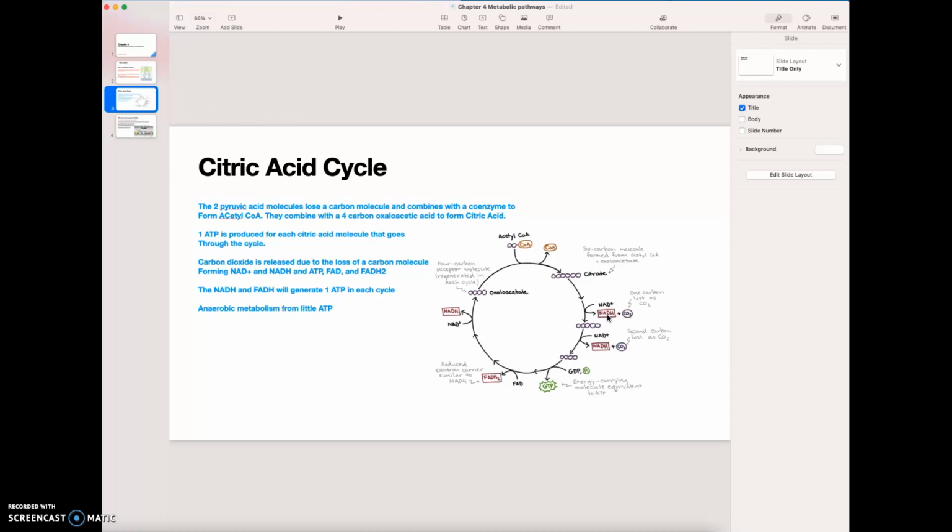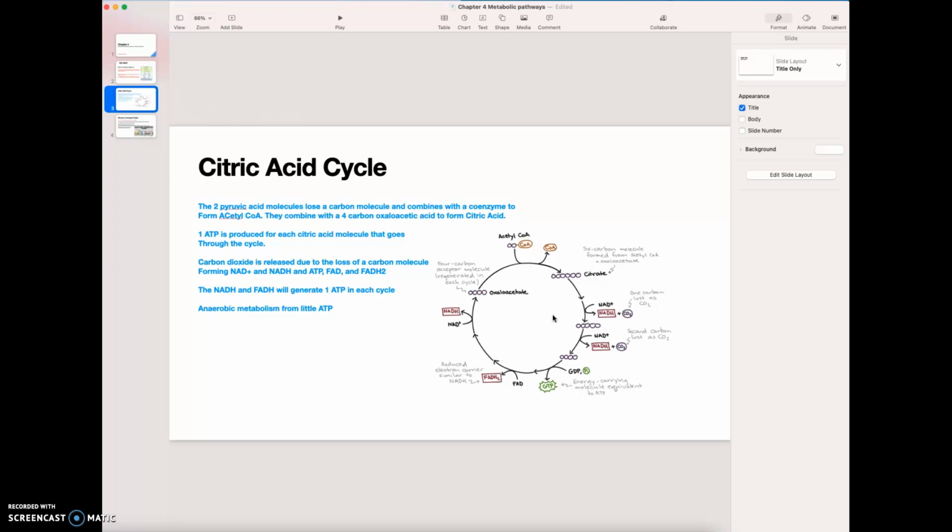And then it also forms NADH as well as FAD and FADH. And then ATP is also created here, but in this image it is displayed as GTP, which is equivalent to ATP.